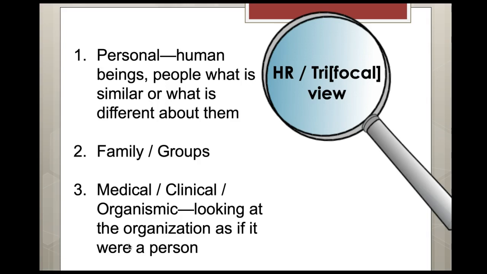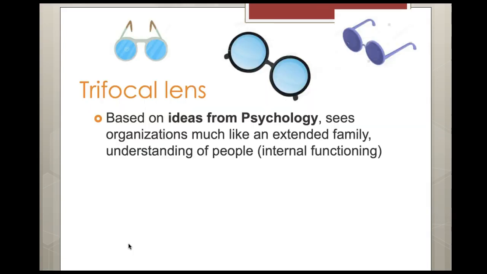The second part of the trifocal lens is a family or group lens, group dynamics and how people work together. And then the third one really looks at the organization as if it is an organism, that it reacts overall as an organization, as an organism, and it can get sick or be healthy, just like a person.